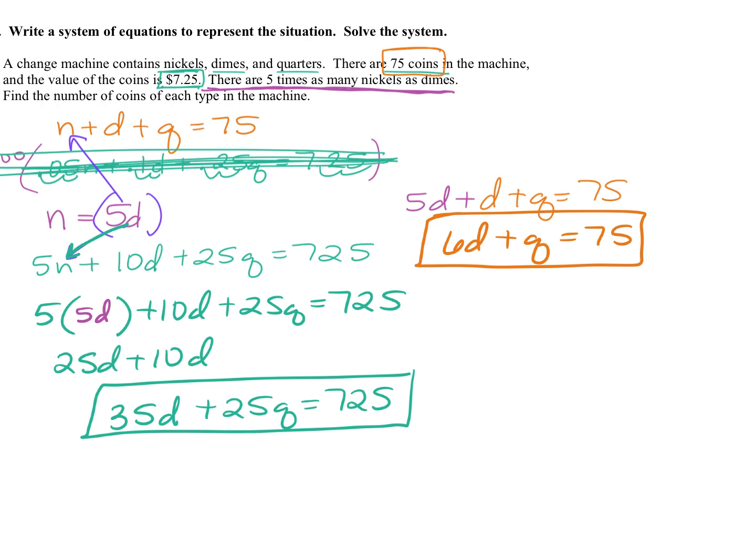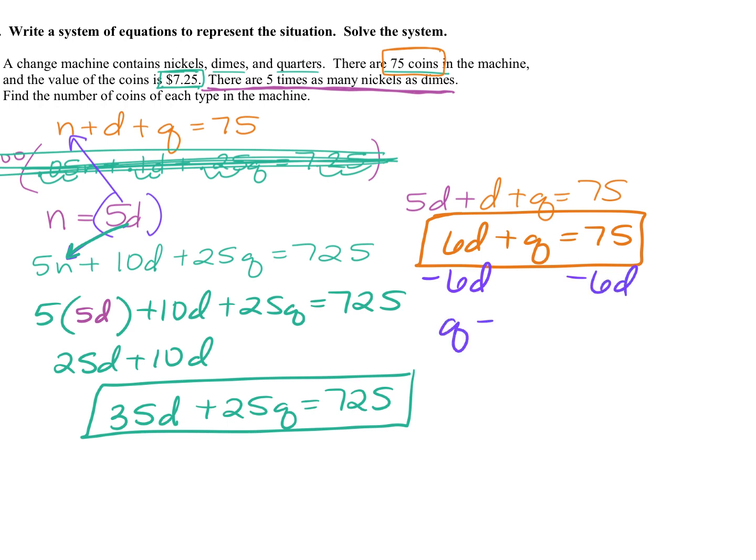Would you do substitution or elimination? There's not a right answer. Who would do substitution right now? Isolate the Q. Who would do elimination right now? Multiply by 25, negative 25? No opinions? Less opinions on this one. Okay. We'll do substitution just because I always do elimination. The substitution needs to win every now and then too, right? So if we do substitution, take away 6D.